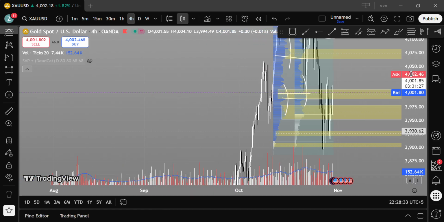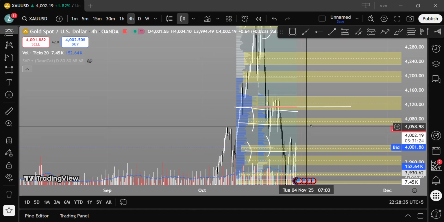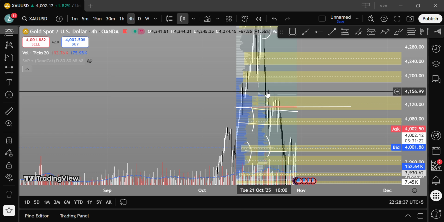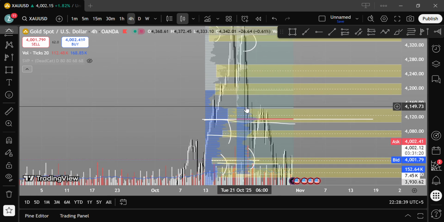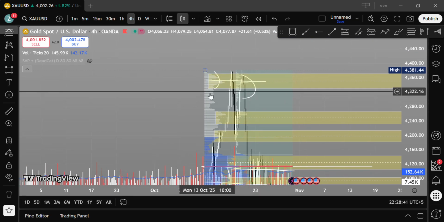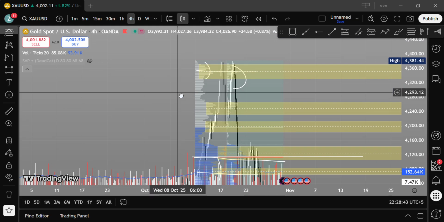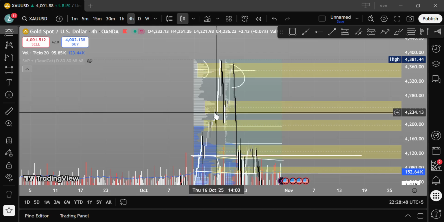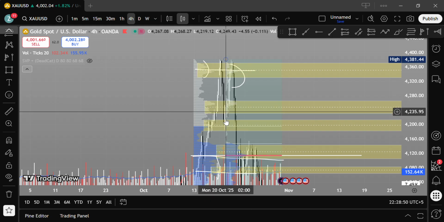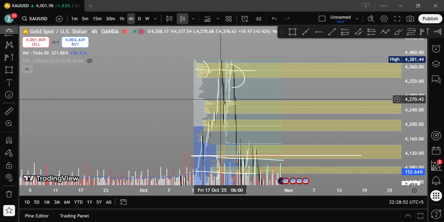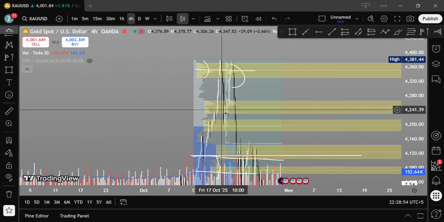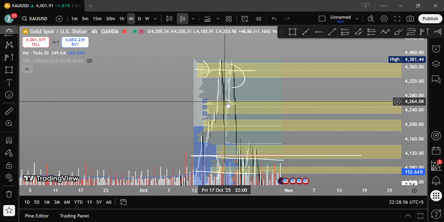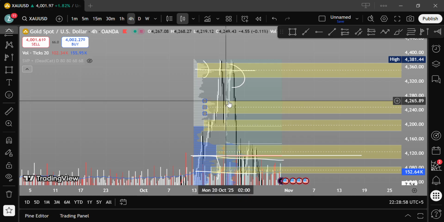Now I want you to think: don't count this 20th of October volume profile. If we just look at this volume profile, it has the exact same volume bumps as the future volume profile, which was made from the 20th of October.